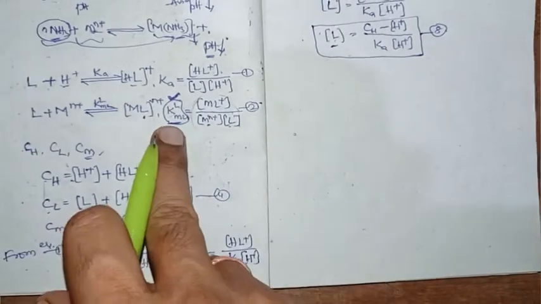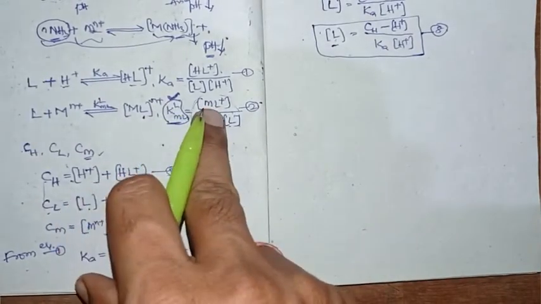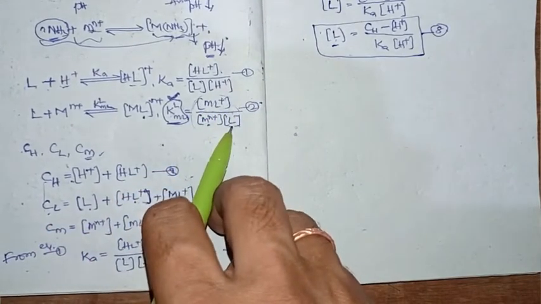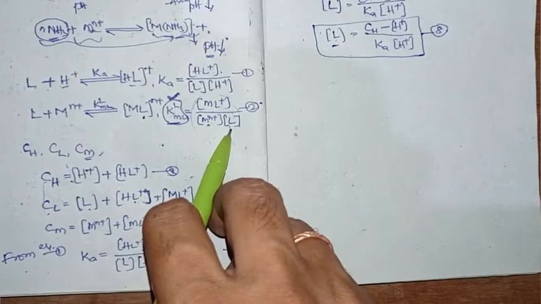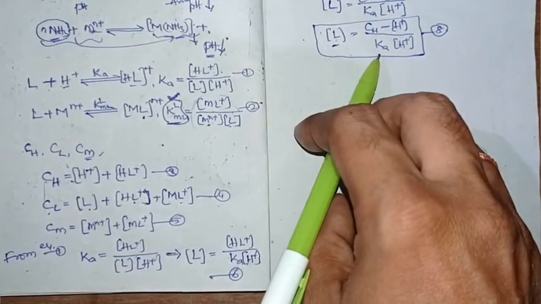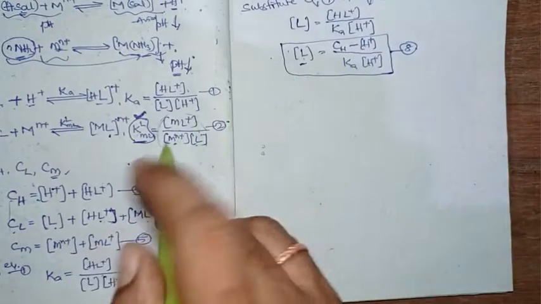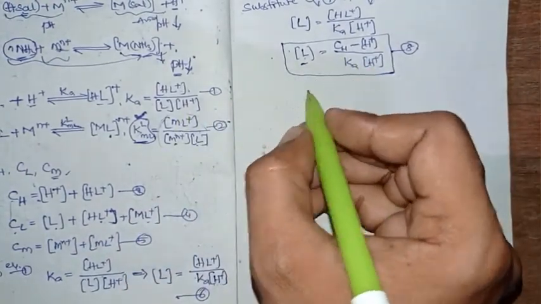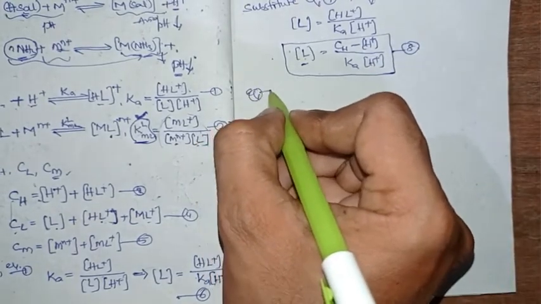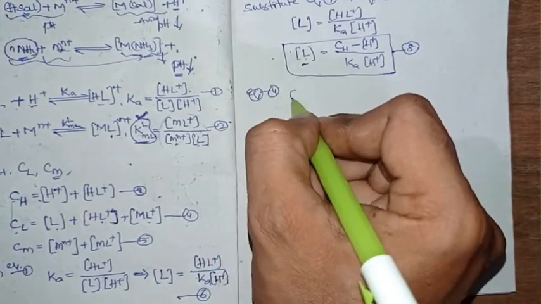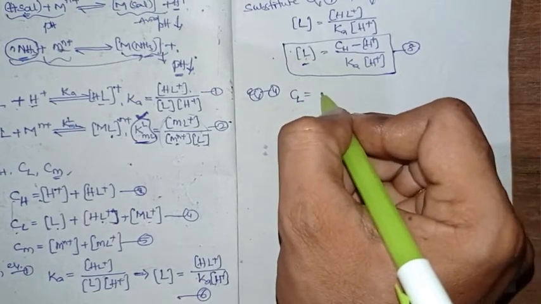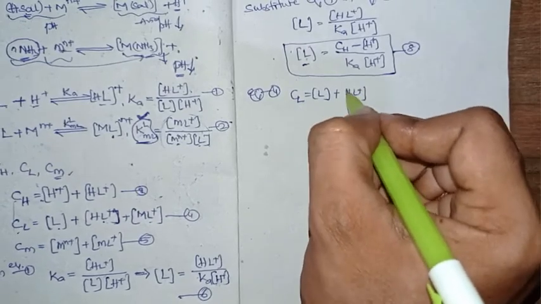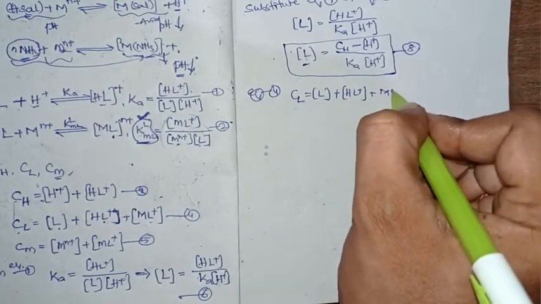So to have the stepwise stability constant, we have to know all these three terms, in which we have now got the remaining ligand concentration in known terms, right? Now we have to get these two, so take into consideration equation number 4. In 4, the total ligand concentration equals the remaining ligand concentration plus the protonated ligand concentration plus the metal complex concentration.